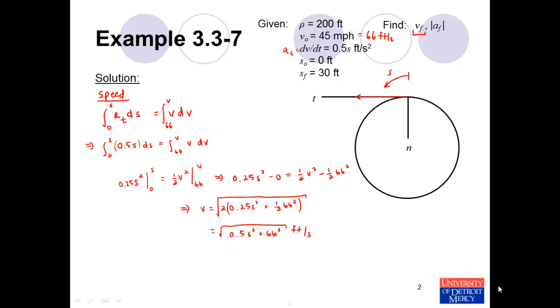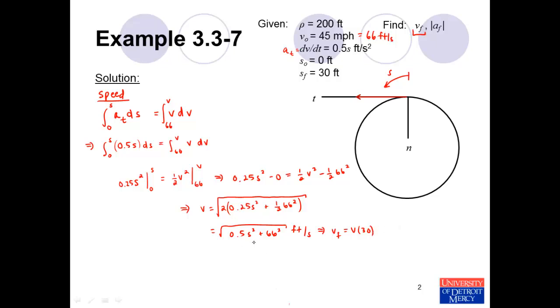So what's ultimately asked for is the final velocity, the velocity when s equals 30 feet. So we can determine that by taking this expression that we just found and evaluating it at s equals 30.